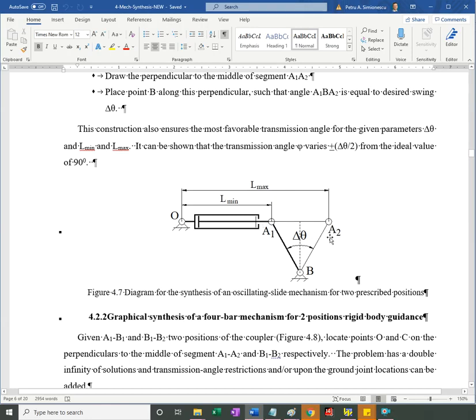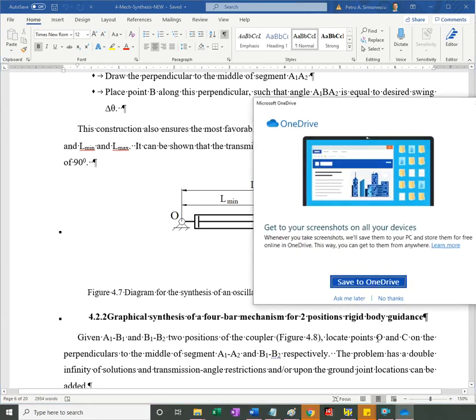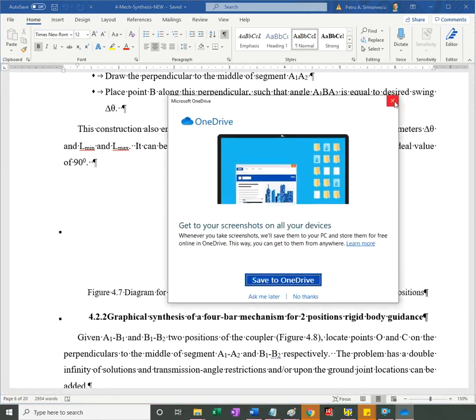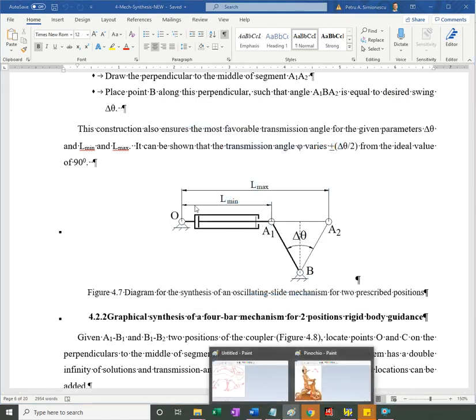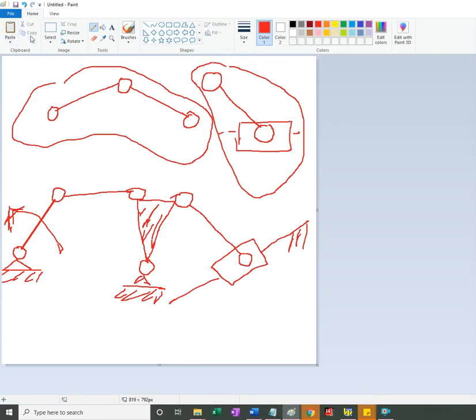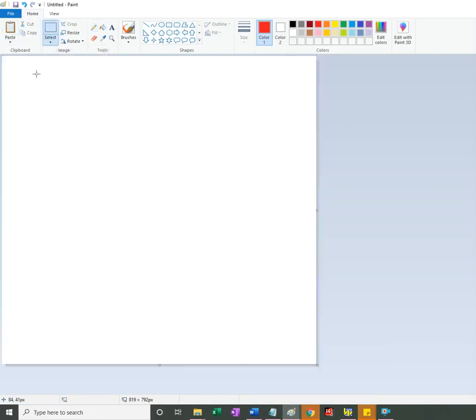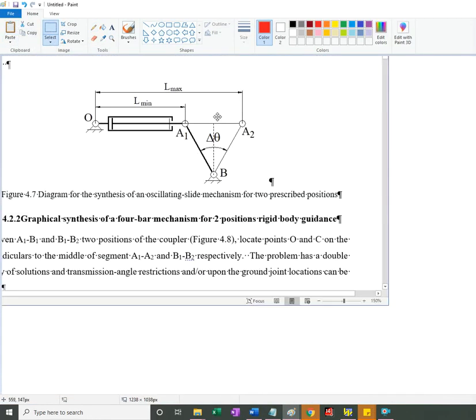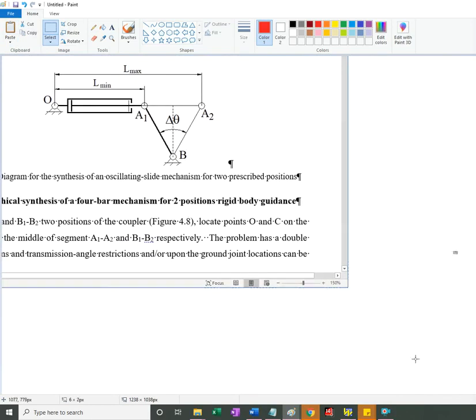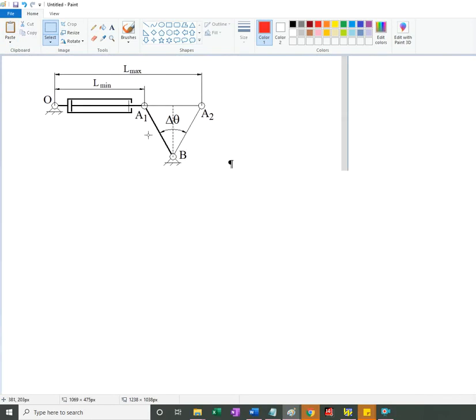So what we do, maybe if I take a screenshot. Okay, so select all, paste, and so we start with the hydraulic cylinder, I said.